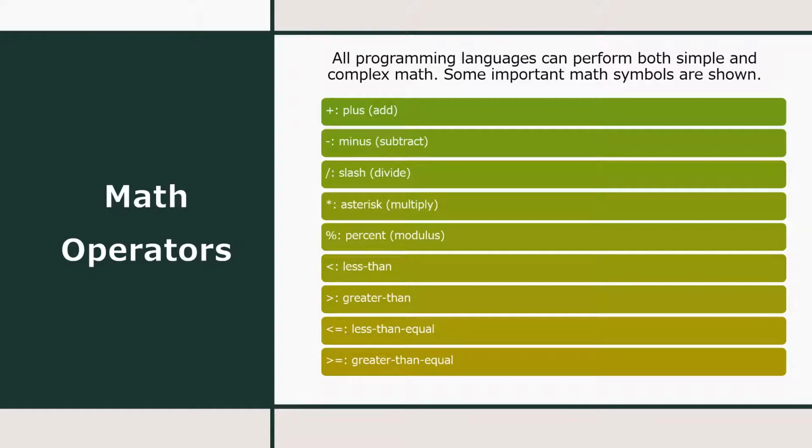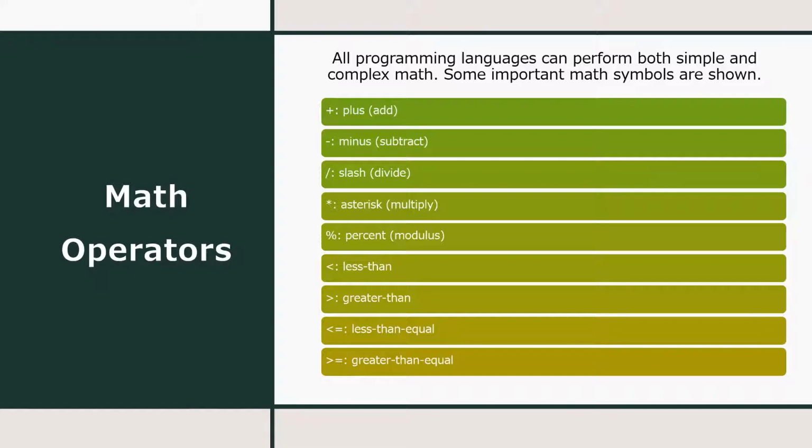All right, so first up, we're going to talk a little bit about math operators. Every single programming language can perform math operations. The complexity of the math that they can perform varies from programming language to programming language, but most programming languages can perform really complex math to do some really cool things. To do these complex math operations, you need something called math operators.